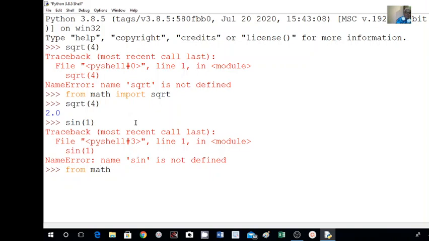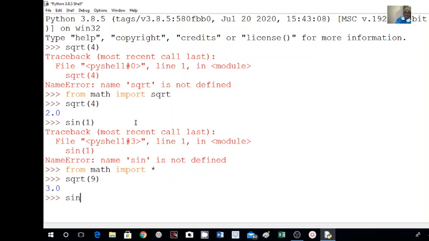But every time writing like this, we can write like this also: from math import star. If I give like this, star means I import all the functions here: square root, sine, cos, tan, exponential, pi, everything. So now if I go for sqrt say 9, enter, I am getting the answer.